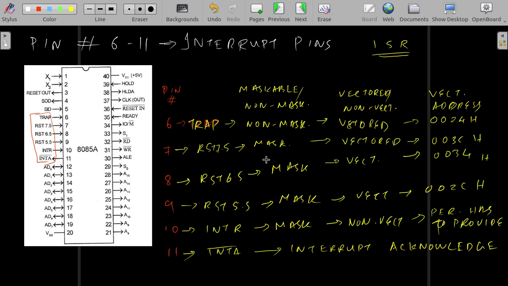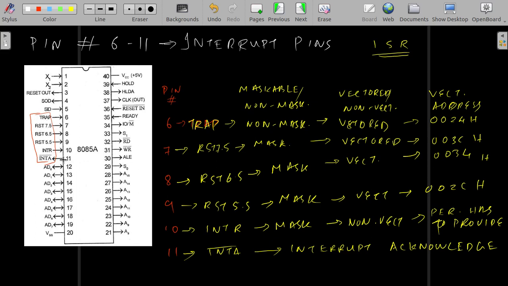So when does a peripheral use an interrupt? It uses an interrupt whenever it wants to communicate with the processor, for some data transfer or something like that. Whenever an interrupt comes and the processor decides to entertain it, it will send back the interrupt acknowledge. That's why all the other pins related to interrupts are inputs.